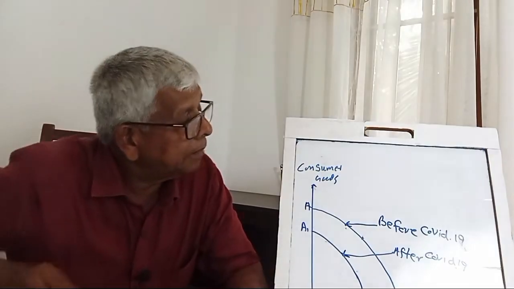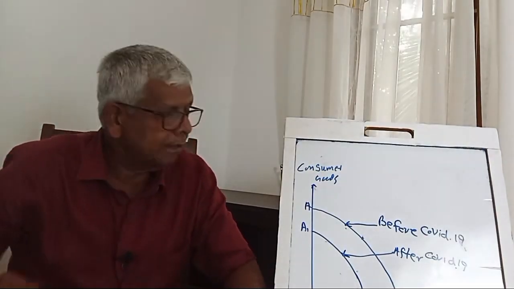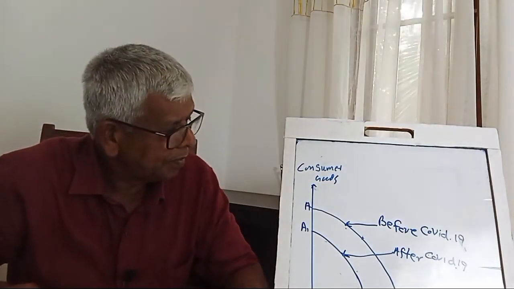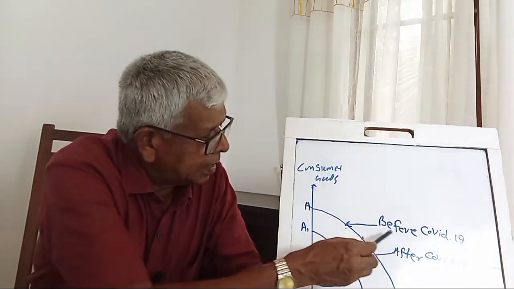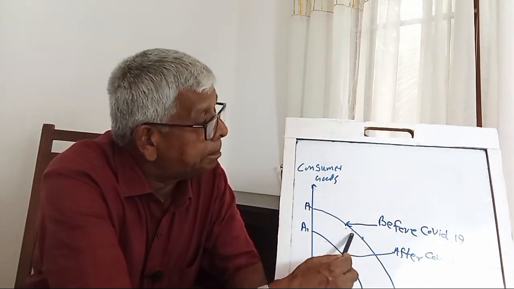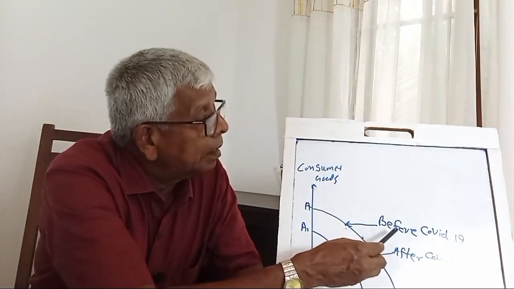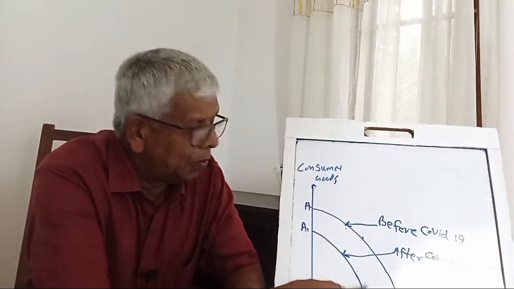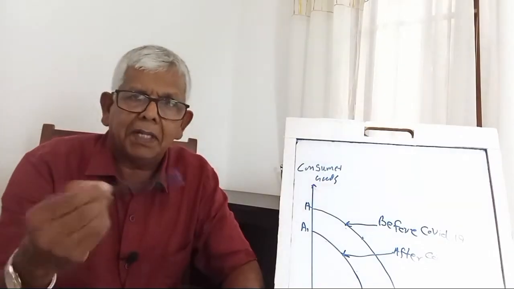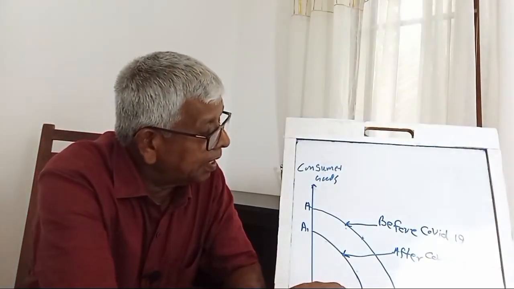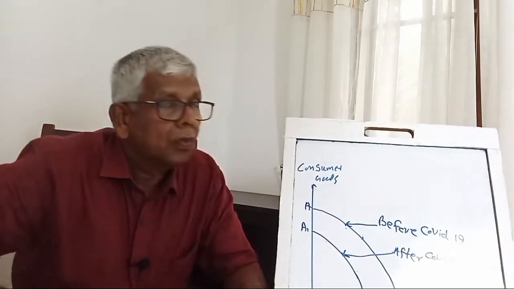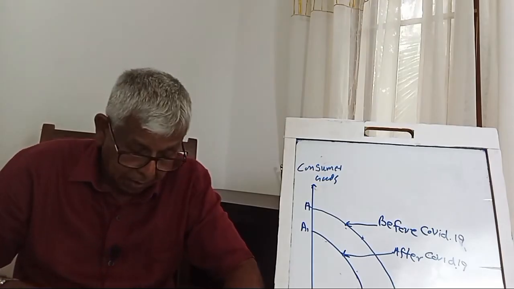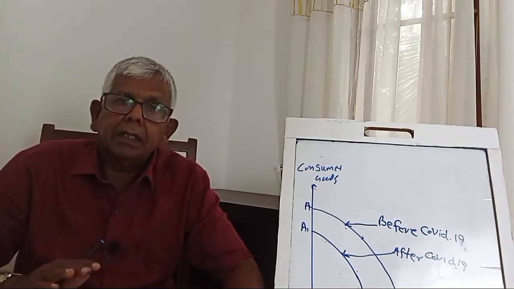A1 B1, or A star B star, is the PPC after COVID-19. 1 mark for the correct diagram.